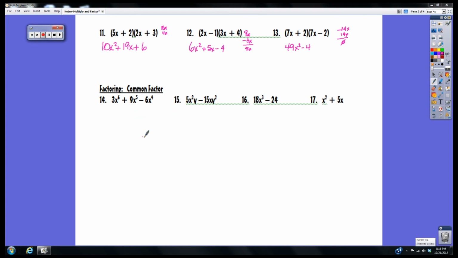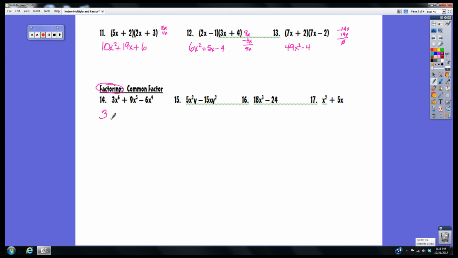Okay, and we're going to finish up today with just the very easiest beginning part of factoring, taking out a common factor. You're just looking at what all of these have in common, and you want to take out the greatest common factor that they have in common. So on number 14, if you'll notice, these all have a common factor of 3 as far as numbers go, and they all have x's in common, and you want to take out as many x's as you can.